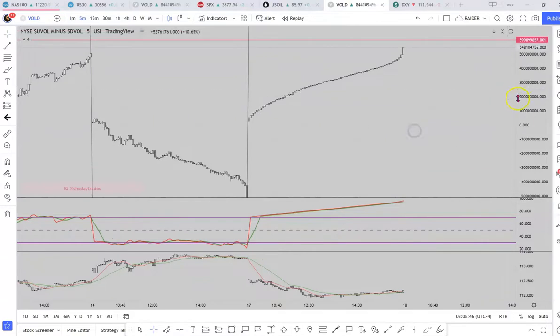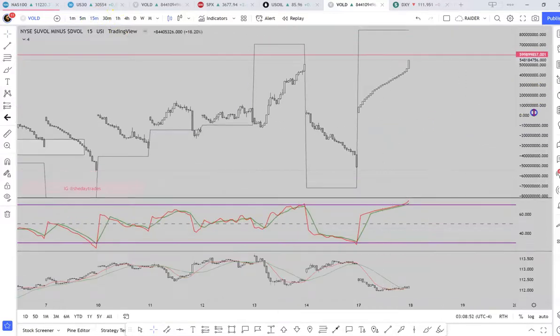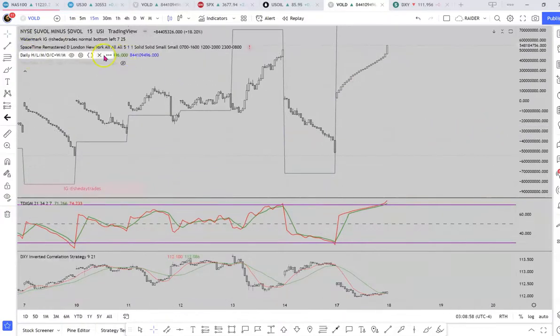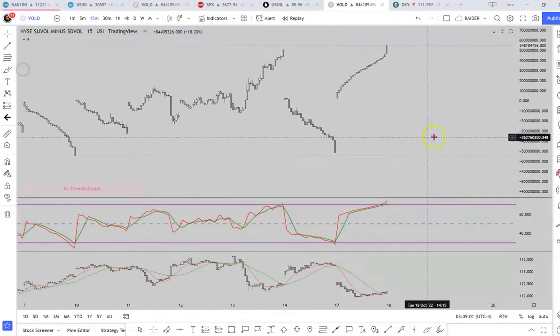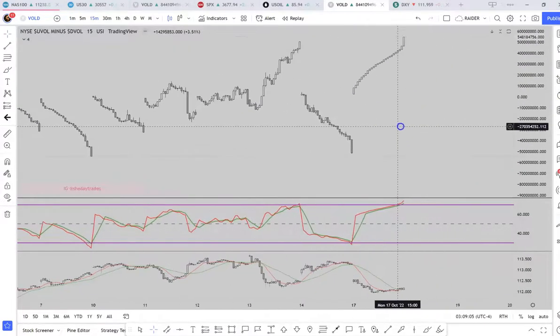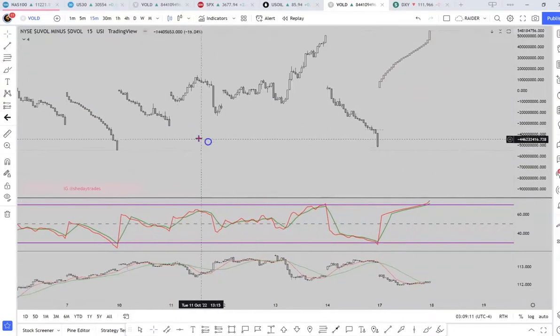chart in this manner right here, so that you can kind of see it like this. I'm going to remove these drawings right here, and I'm going to turn this off. So yeah, that's kind of the gist of it. This is what it would look like on a typical day.